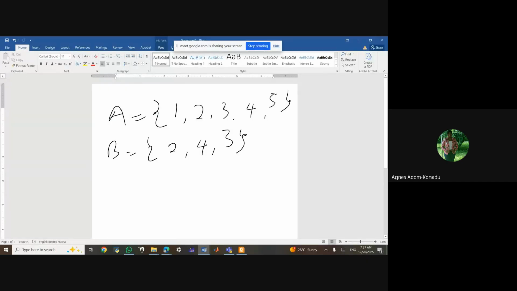I can say that B is a subset of A because every member of B is in A. Can you see that? Yes, please. So every member of B is in A, so it means that my B is a subset of A.